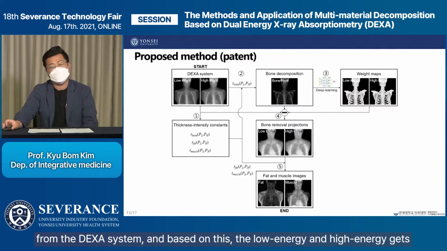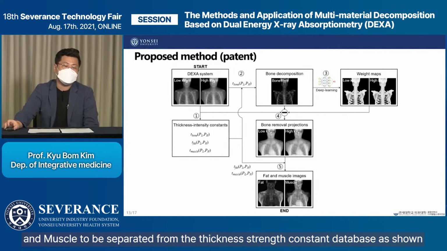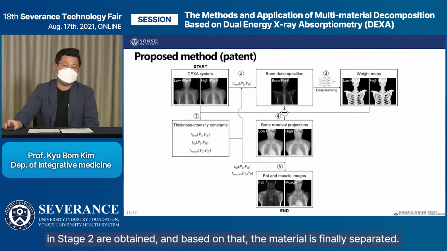Based on this, the low-energy and high-energy projections with the bones removed are obtained. After that, at stage 5, data on the fat and muscle to be separated are obtained from the thickness and intensity constant database as shown in stage 2, and based on that, the material is finally separated.